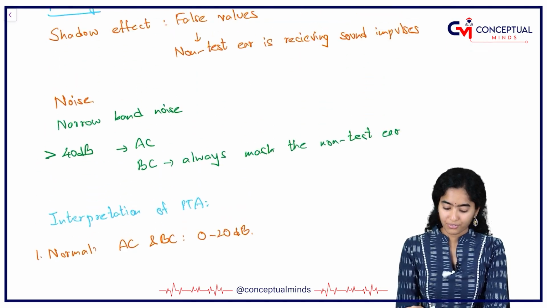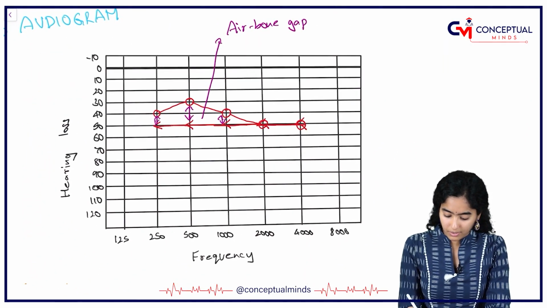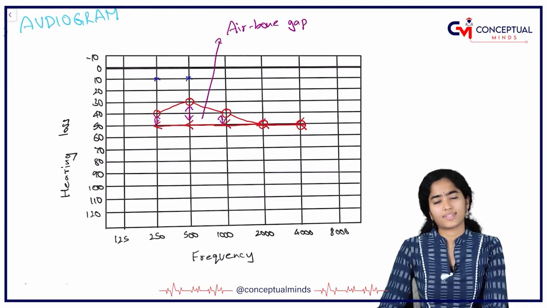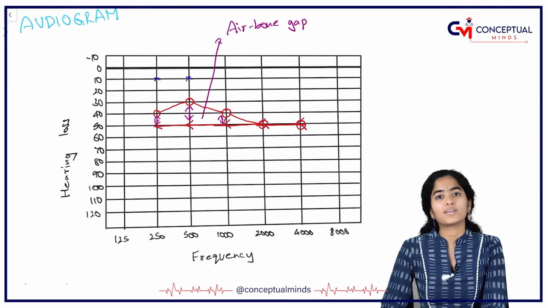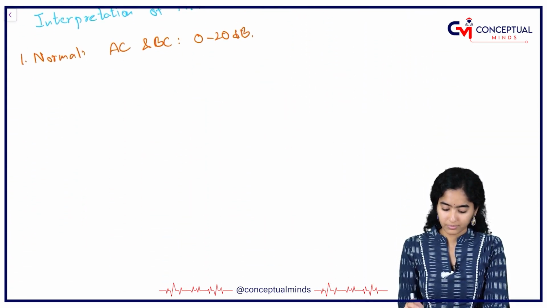Even if you plot somewhere here at 10 decibels, you shouldn't say the patient is having 10 decibels hearing loss. That is normal. Anything up to 20 is normal. 0 to 20 decibels is normal.